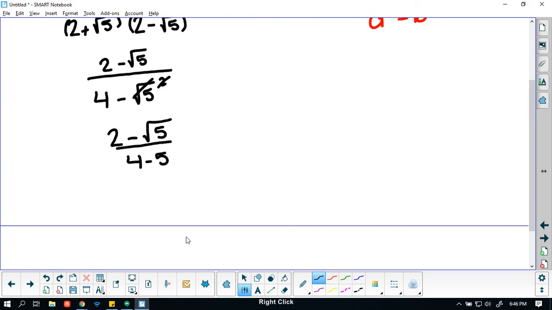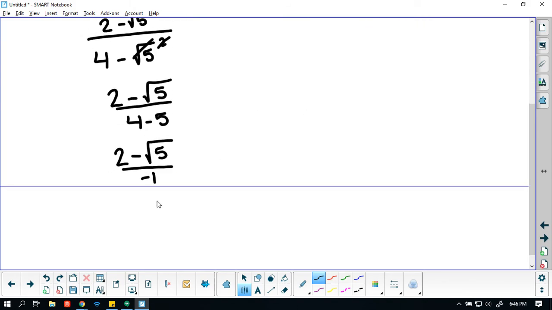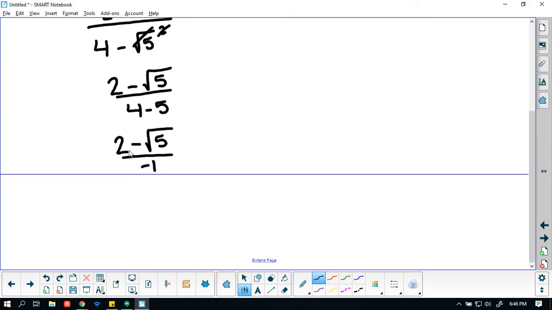So 2 minus root 5 divided by negative 1. This is not the best way to write this. I could go a little bit further, so I am. I'm going to pull this negative to the front.